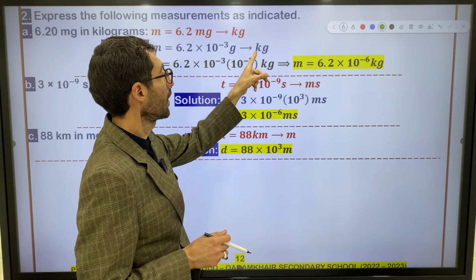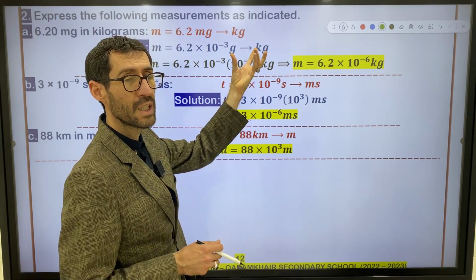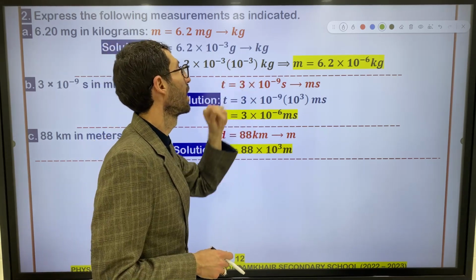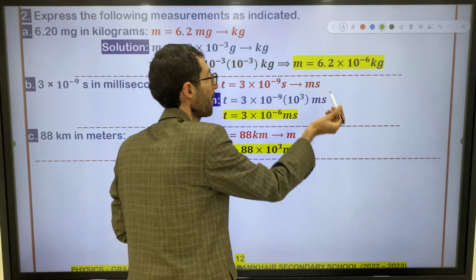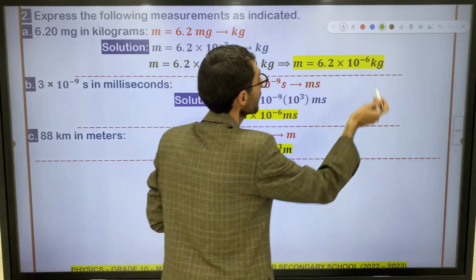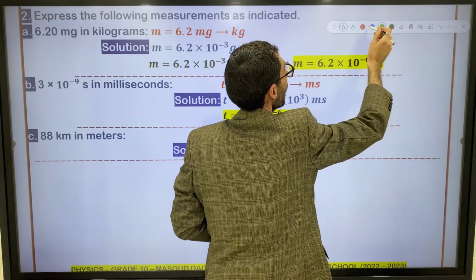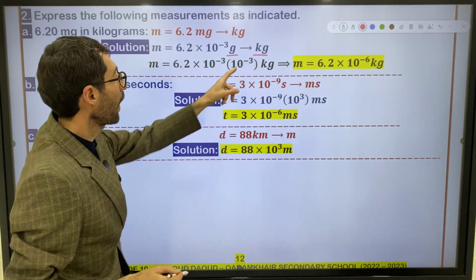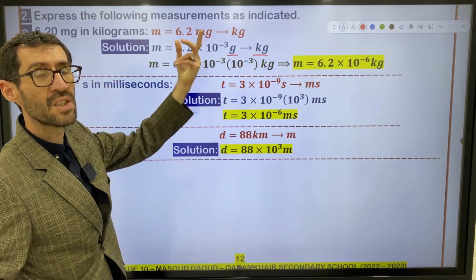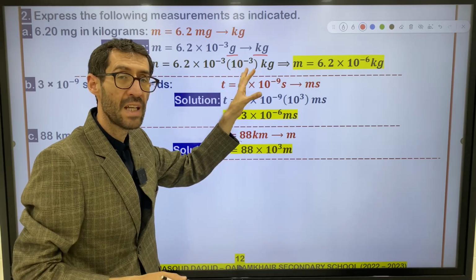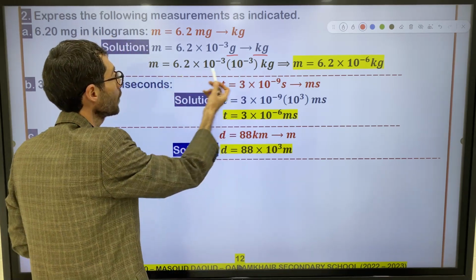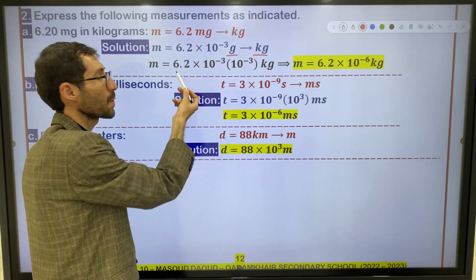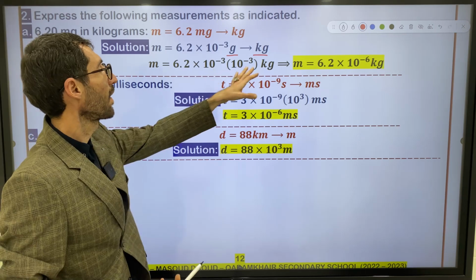Take the power from kilo, which is 10 to the power 3, but you have to add a negative sign because you convert from small to large. After that, you rearrange the calculation, 6.2 multiplied by these numbers.